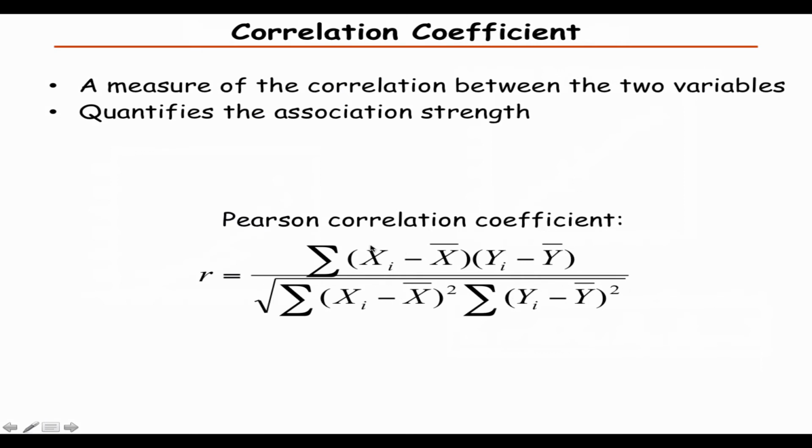If we would have a linear relationship between y and x, meaning that y minus the average of y is equal to a constant times x minus the average of x, then if you put that into this expression, it would come out that the correlation coefficient is 1.